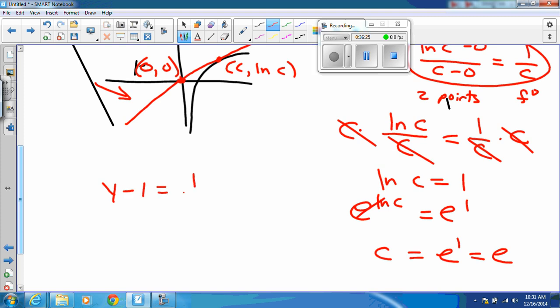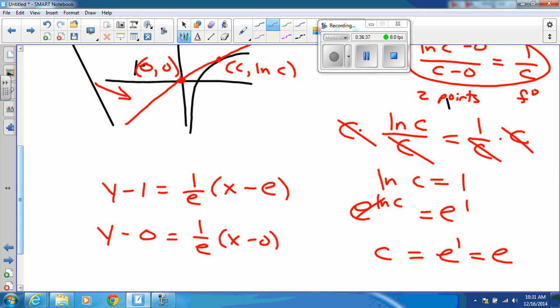So we now have a slope and we have a point. We can put it together to get y minus y1 equals slope times x minus x1. Or I could use the other point, y minus y1 equals slope times x minus x1. Both of these are exactly the same line.